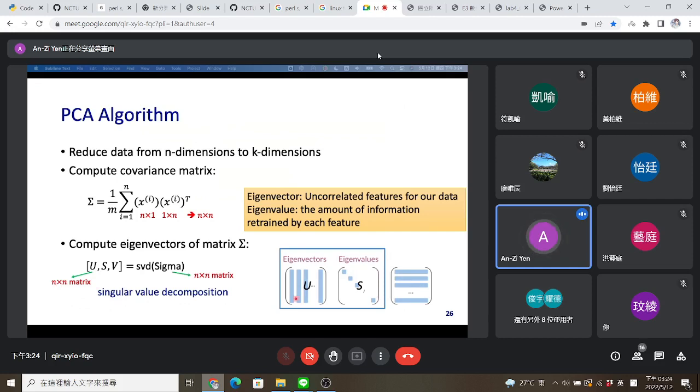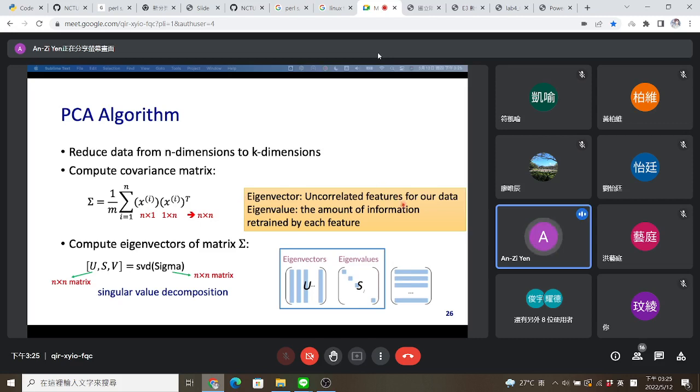To perform dimensionality reduction using PCA, beginning with our original vector, we get uncorrelated features for our data, and finally we project our data onto a number of desired features that retain the most information. You may recall that a matrix has eigenvectors and eigenvalues, but how to get those is not the main point right now.